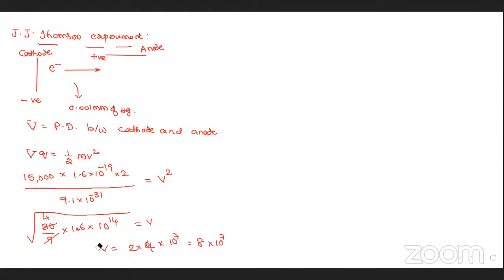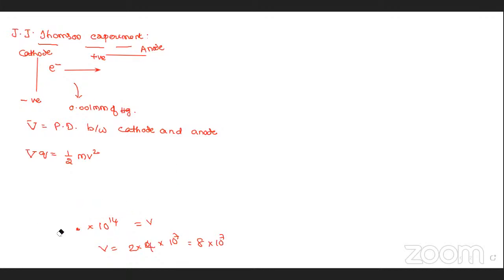Comparable. So what he said without knowing these two values is correct. Immediately he identified that the electrons travel with a high speed.